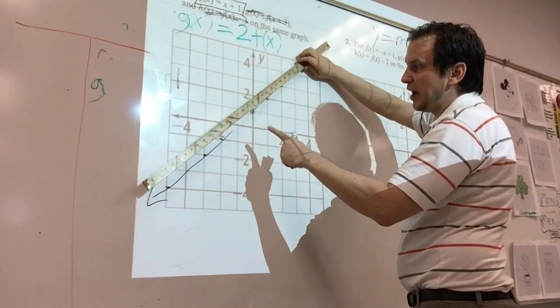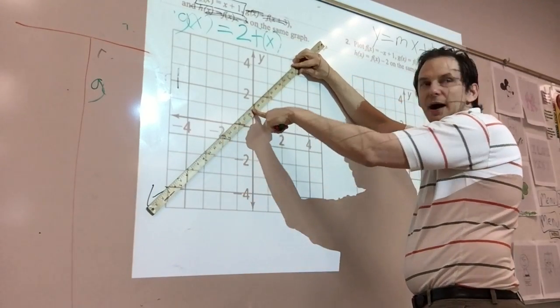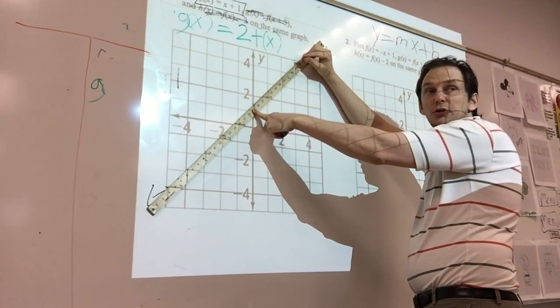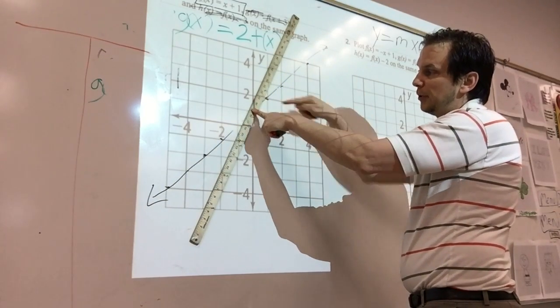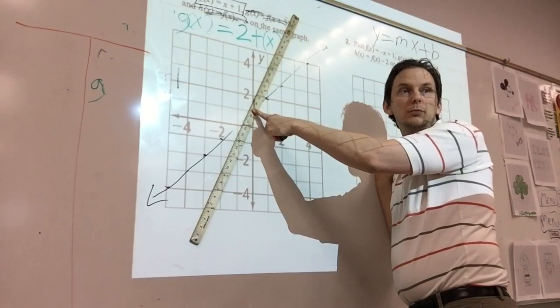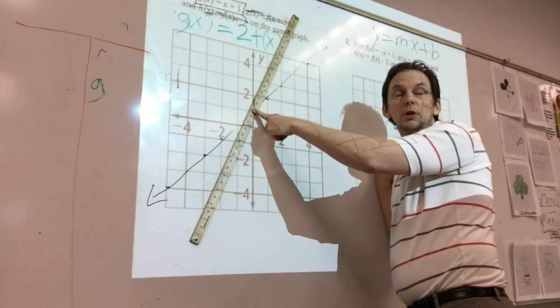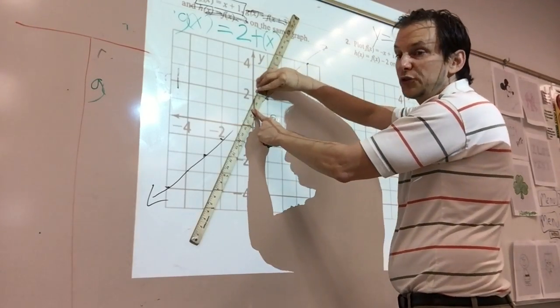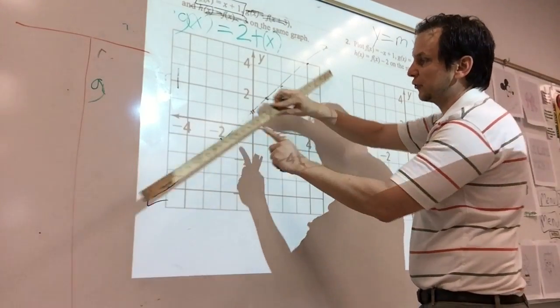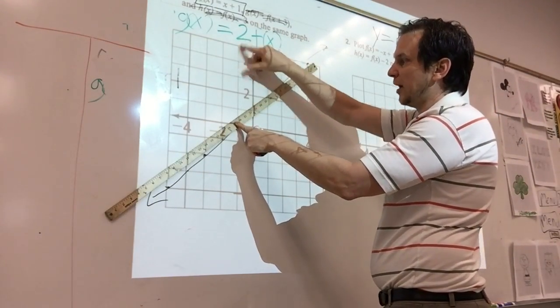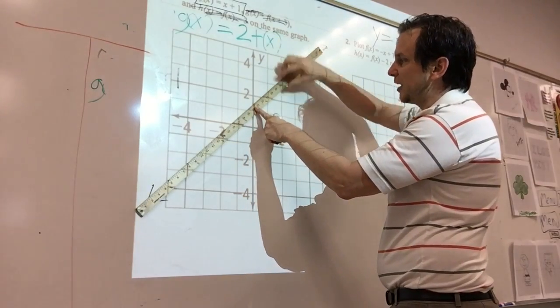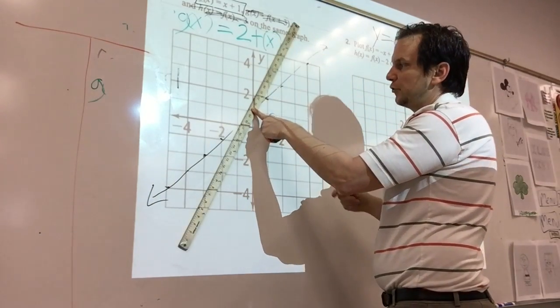Now, if I rewrote that 2 and I put it inside the parentheses, it would still get steeper. But I would be nailing it here on the y-intercept instead. Very small change, but it does change the line. And it still gets steeper, but this point stays the same. Does that make sense? All you really have to remember is what's on the paper. It either rotates about the x-intercept, that's if the number's outside, or if it's inside, it rotates about the y-intercept.